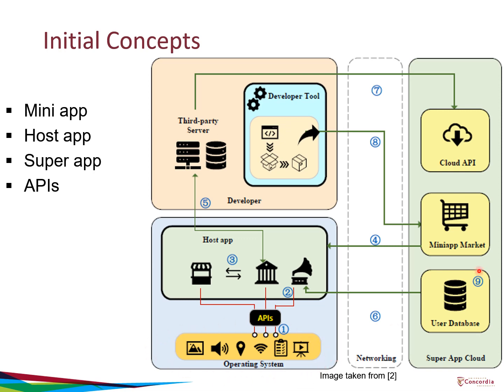Let's use an example. Let's say we want to pay for an article, so we click the button buy now. What happens is that the super app is going to request the mini app market to validate the payment. We ask why?